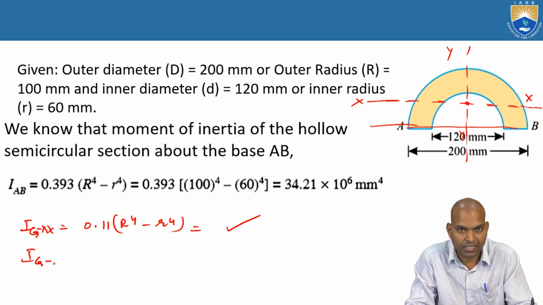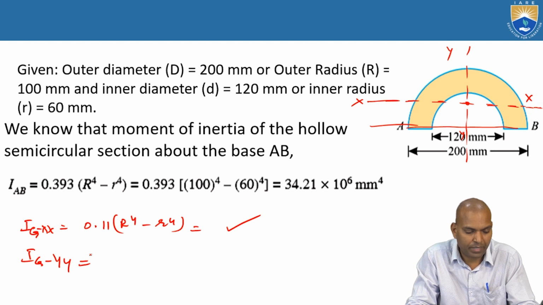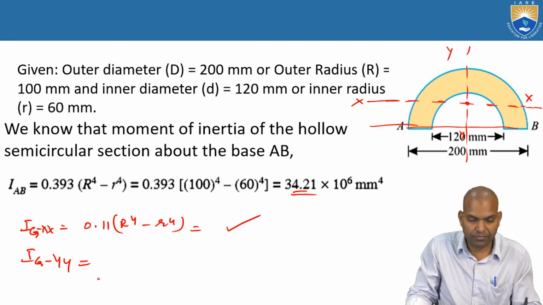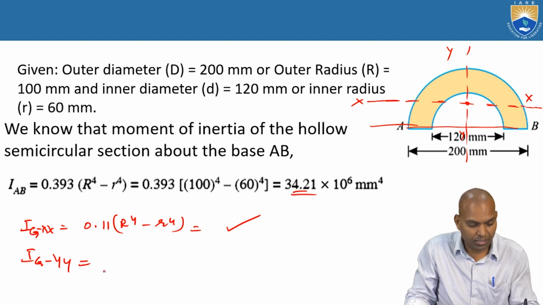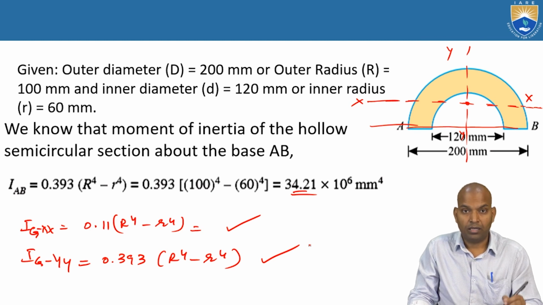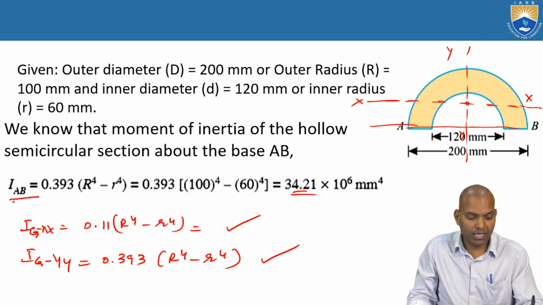Now we want I_GYY, about the axis through the center of gravity parallel to the y-axis. What will happen here? That is 0.393 times (capital R power 4 minus small r power 4). That is I_GYY. Now you may ask, I_AB is similar to I_GYY.